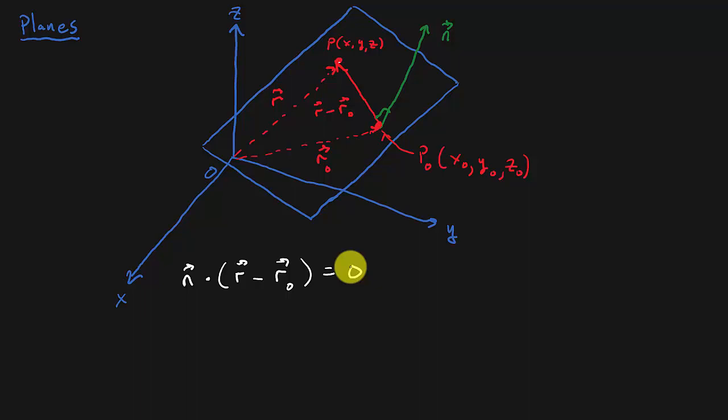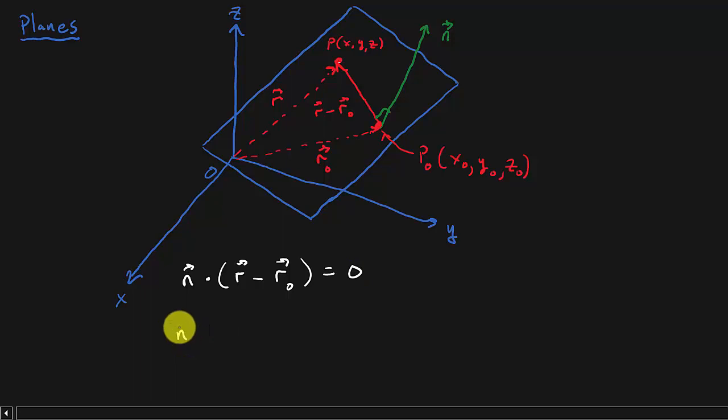And so we could also write vector N dot vector R is equal to vector N dot vector R0. I just distribute and then move that over.